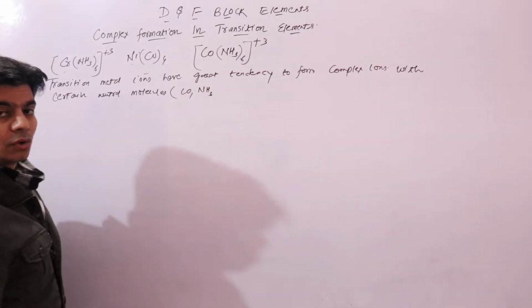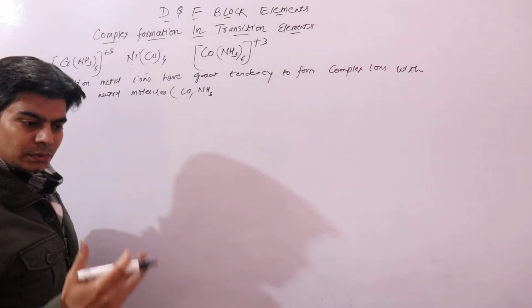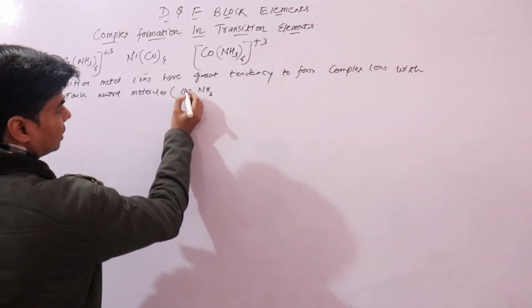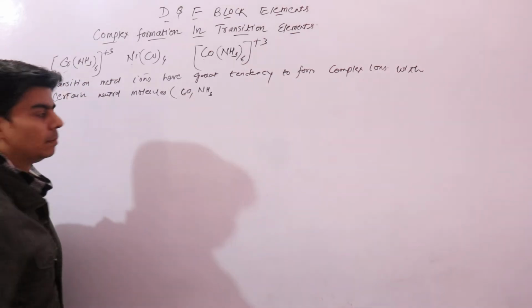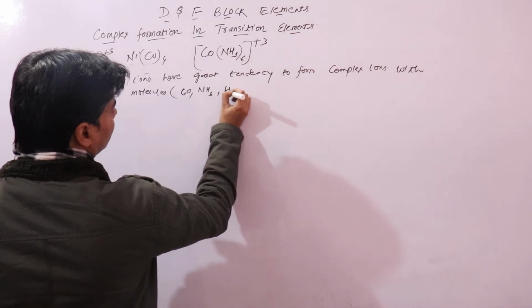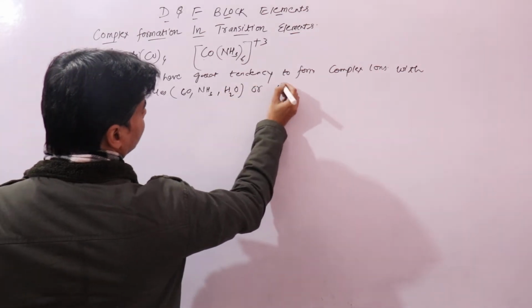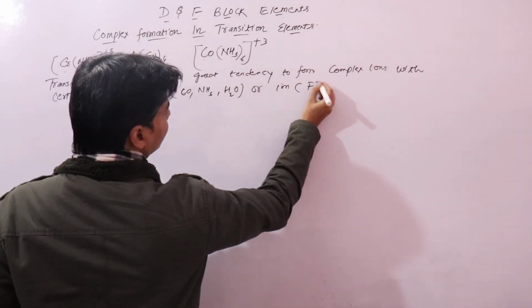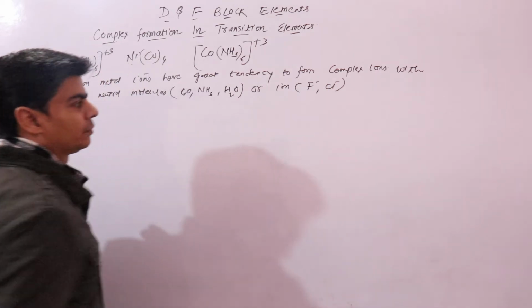It forms carbonyl compounds, right? Transition elements with CO will form carbonyl compounds, and water, or with ions like fluoride and chloride, right?